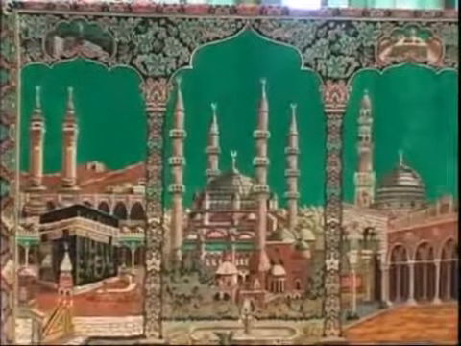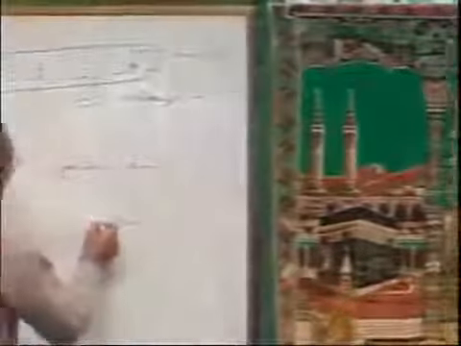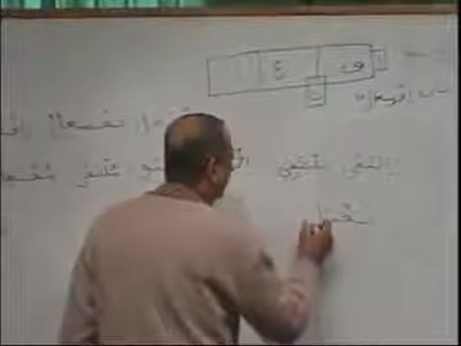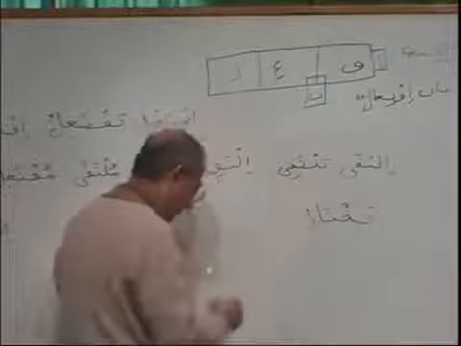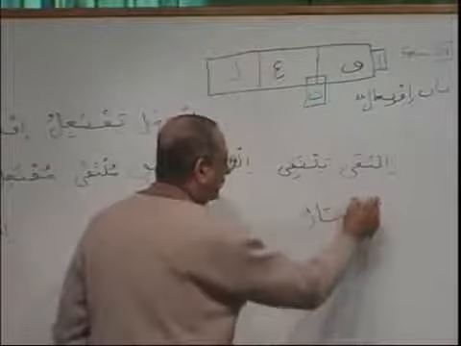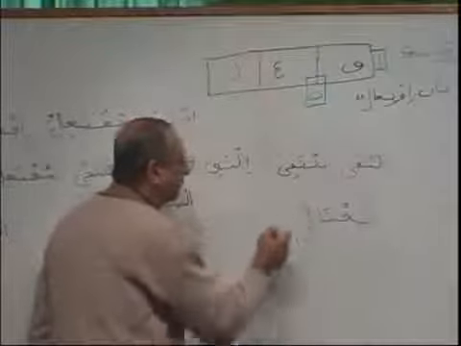Ikhtar. Choose. Ikhtar. How did it become ikhtar? Brother, I say here, yakhtaru. Now make amar. Okay, we chop this, brother, and then we give sukoon here.